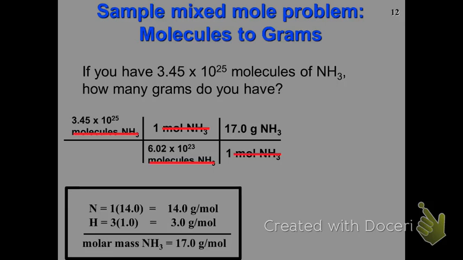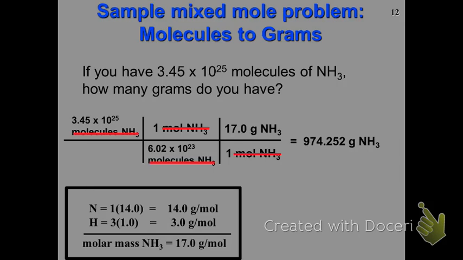We've divided by Avogadro's number to get to mole city, and then out of mole city you multiply by the molar mass to get to grams. So now it looks like if you take 3.45 times 10 to the 25th, multiply it by 17, and then divide that all by Avogadro's number, you'll have the answer to this problem.